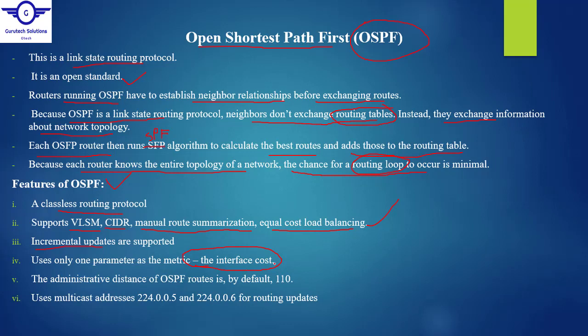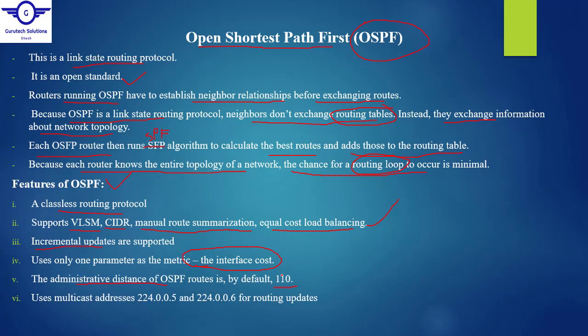Pretty much simple. Another one, the administrative distance of OSPF by default is 110. In the previous classes we said the administrative distance of RIP is 120 and EIGRP is 90, but in the case of OSPF it's 110.